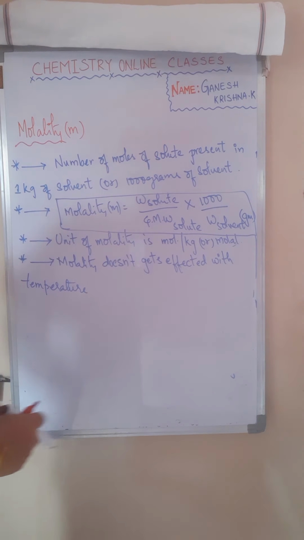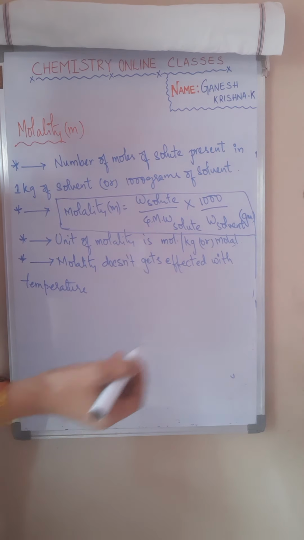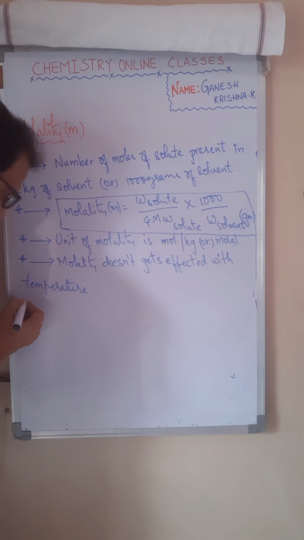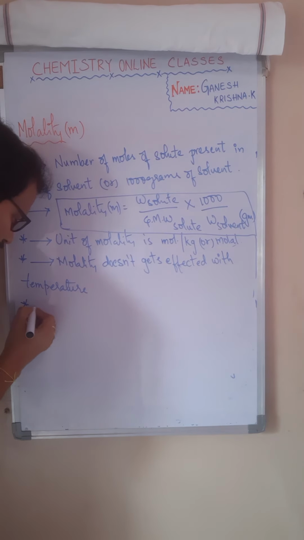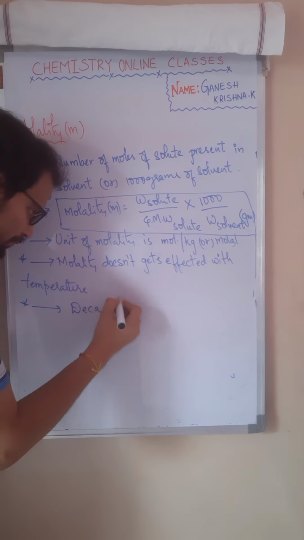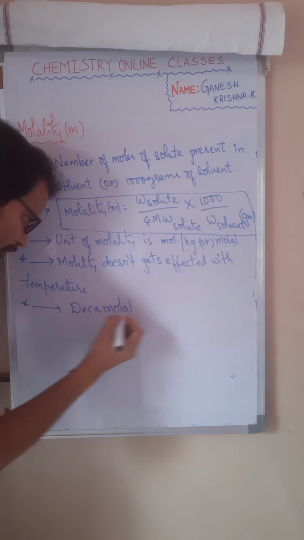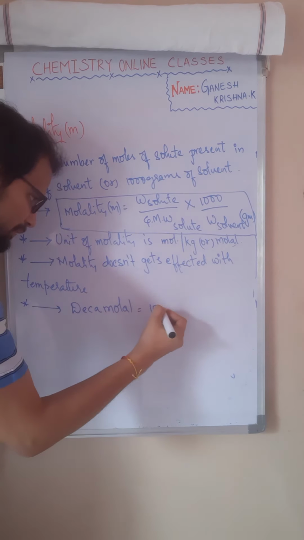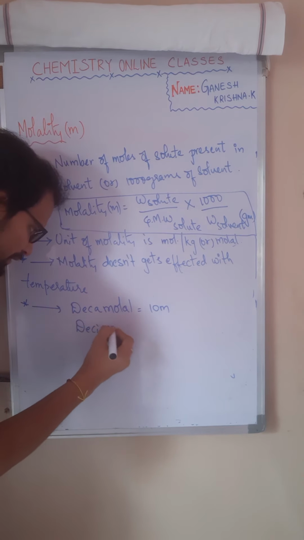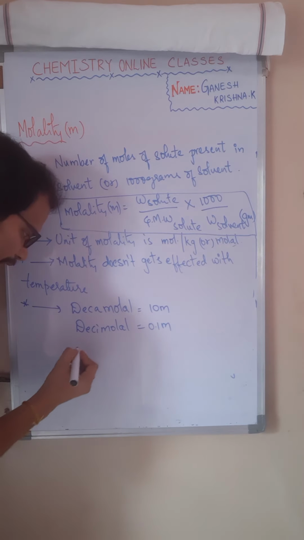Okay, right. Some important Greek prefixes are added to molarity, molality, and even normality. For example, decamolar means deca, that is 10 molar. Similarly, decimolar is equal to 0.1 molar.